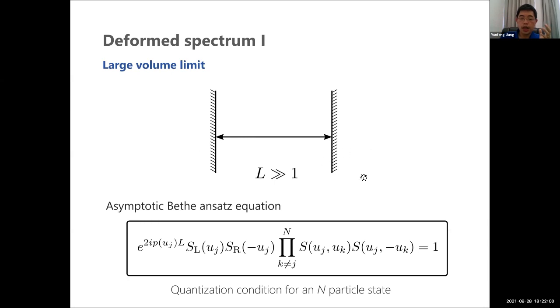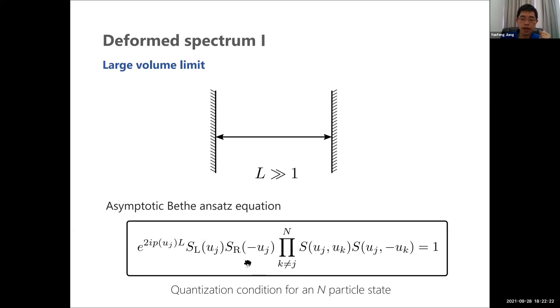If you consider an n particle state, because you are in a finite volume, the momenta of your particles should be quantized. And the quantization condition is precisely the asymptotic Bethe Ansatz equation. It involves the bulk S matrix, and it also involves the boundary S matrix.